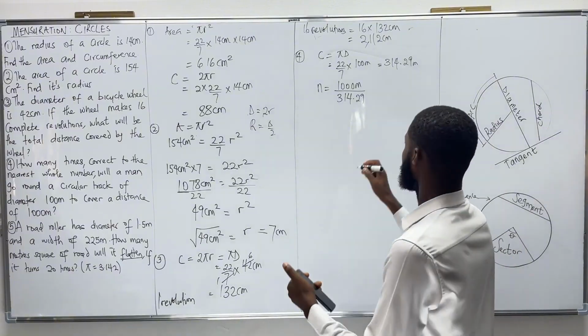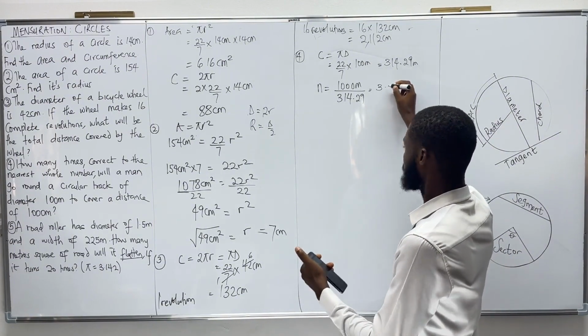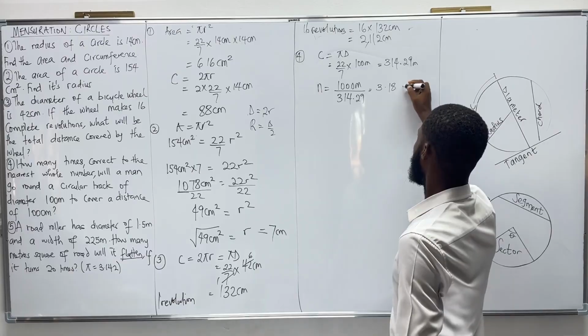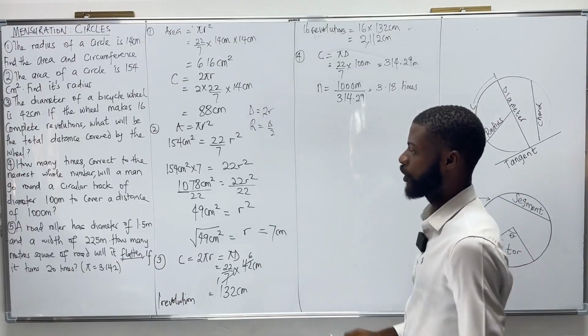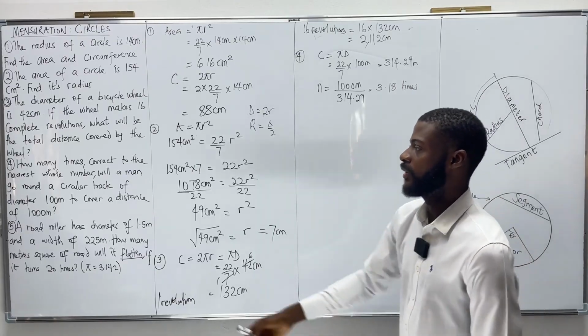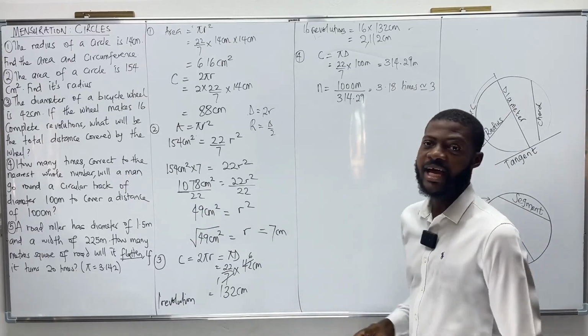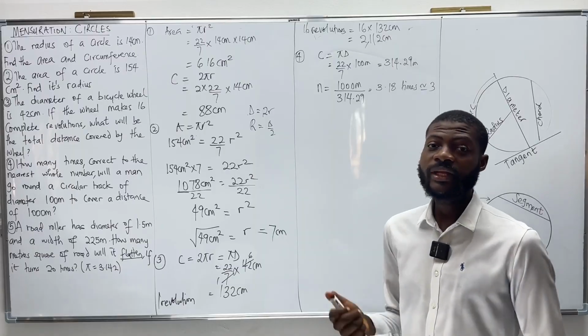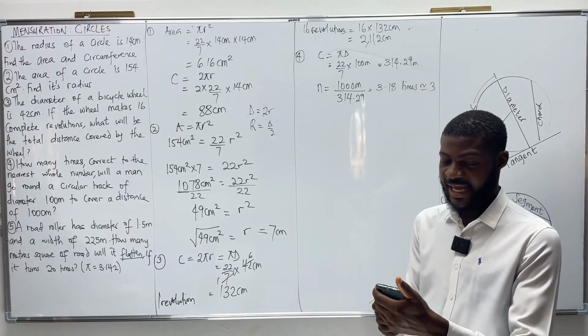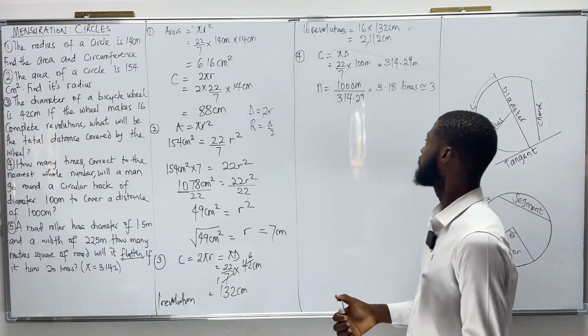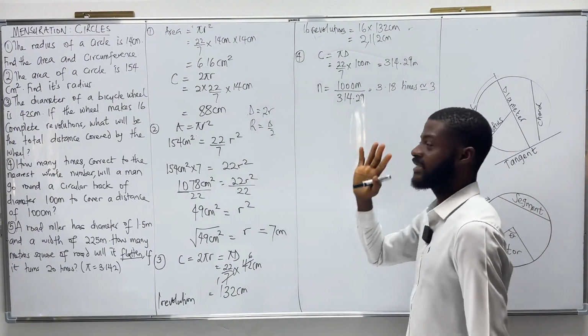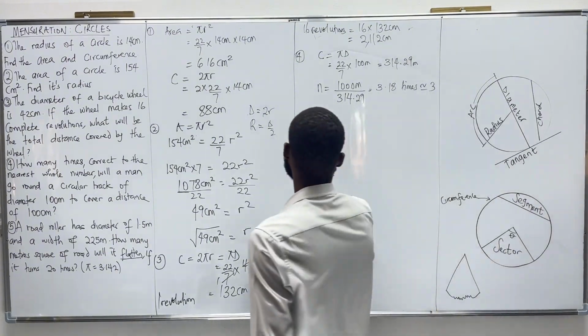This will give us about 3.18 times. Now the question says correct to the nearest whole number, so this will be 3 times. So he has to go 3 whole times to get that value. That's the answer to that question. Let's move on to question number 5.